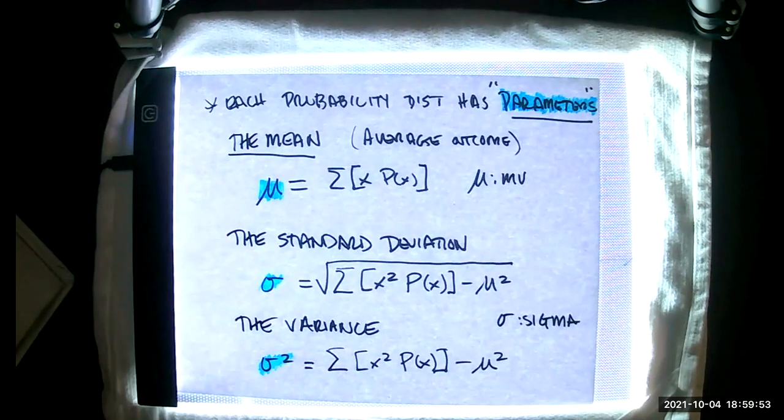I'm going to run through this example using my very simple probability distribution for a couple of coin tosses, just to see how the probability distribution works.